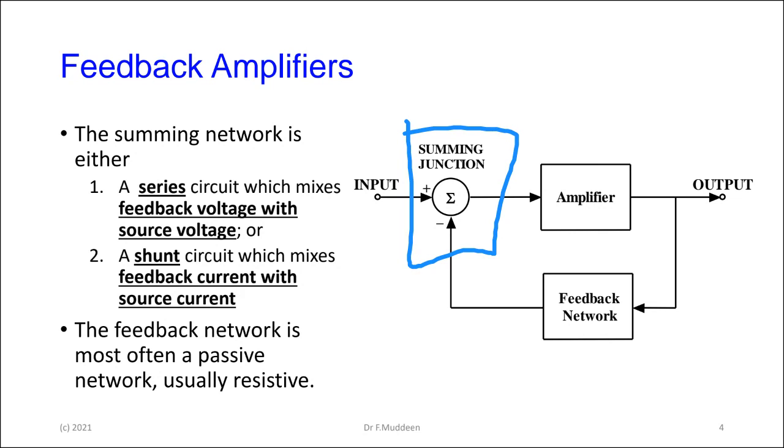So if we're dealing with series feedback, it means that we're feeding voltage from output back to input. And if we're dealing with shunt feedback, remember shunt is something that adds in parallel, and series, of course, is in series, the shunt circuit means that we are feeding back current. Just some little terminologies that you may have met already in other places.